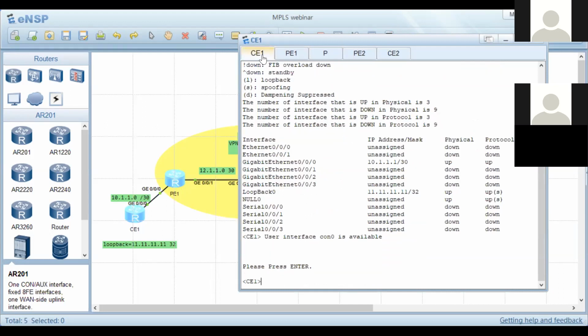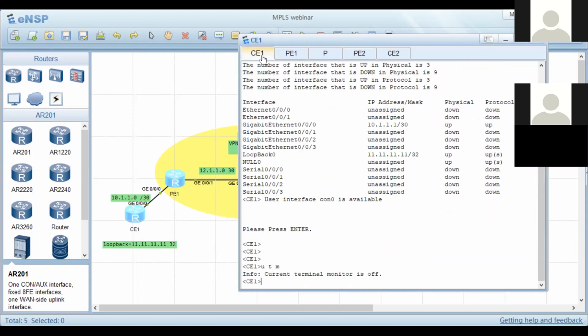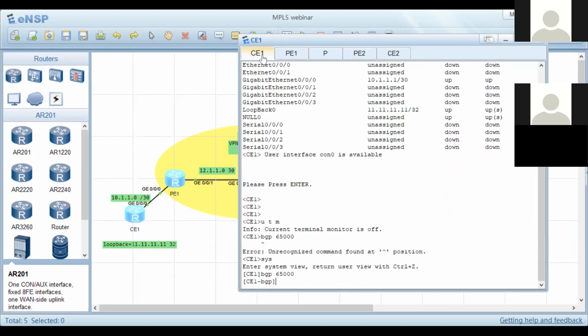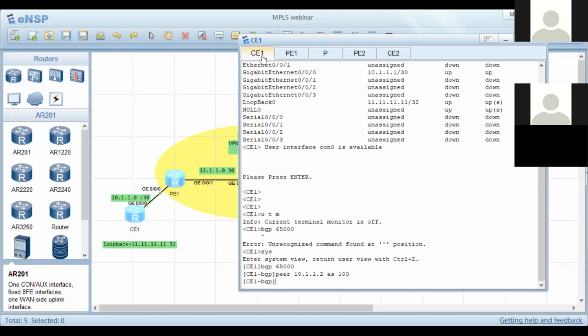On CE1, we'll define this AS number and we'll do the peering with the 10.1.1.2, which is found on the AS 100. And we will advertise our network. That means the internal network.